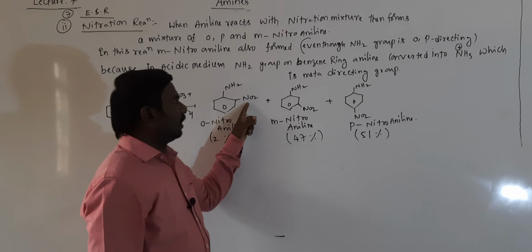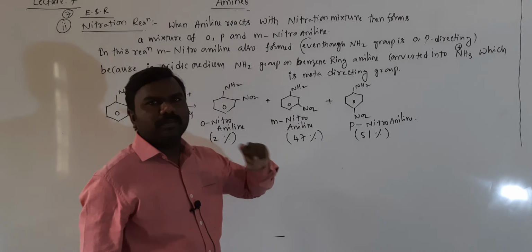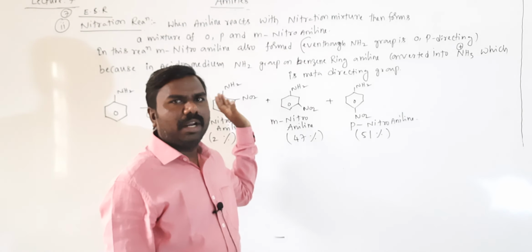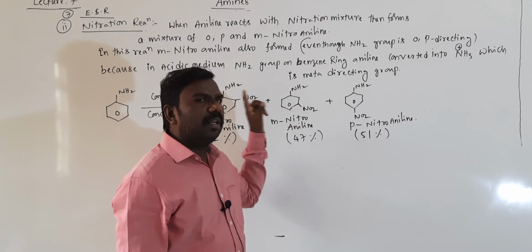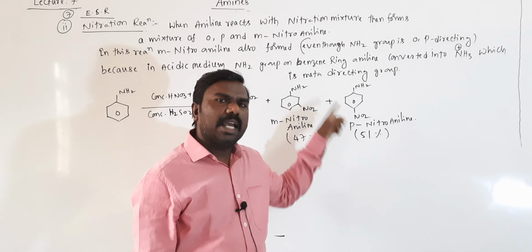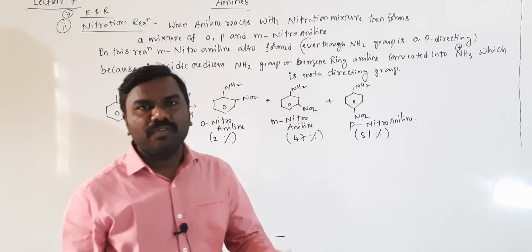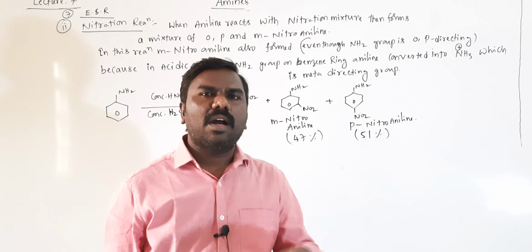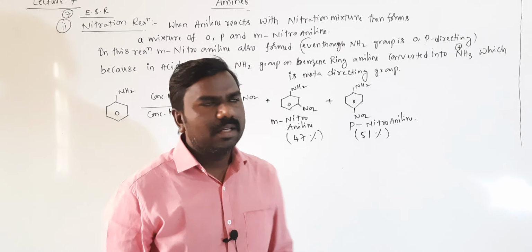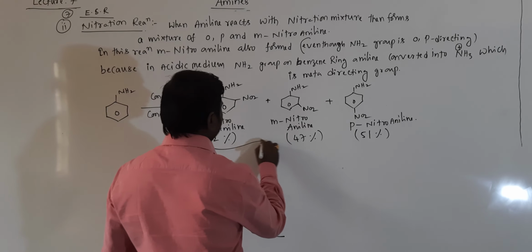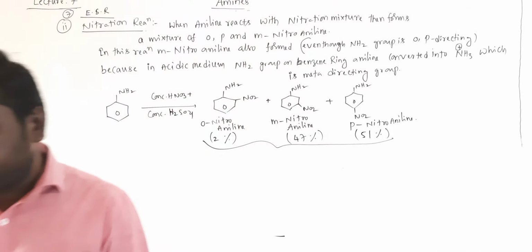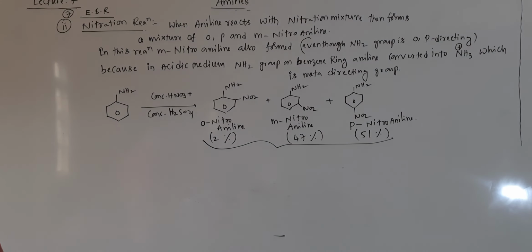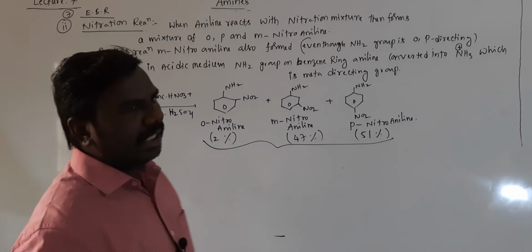Generally NH2 is an ortho and para directing group, but it is a strong acidic medium, so NH3 plus is formed. That's why NH3 plus is meta directing, hence meta-nitroaniline also formed along with ortho and para-nitroanilines. A mixture of products will be formed, students, right? Next.